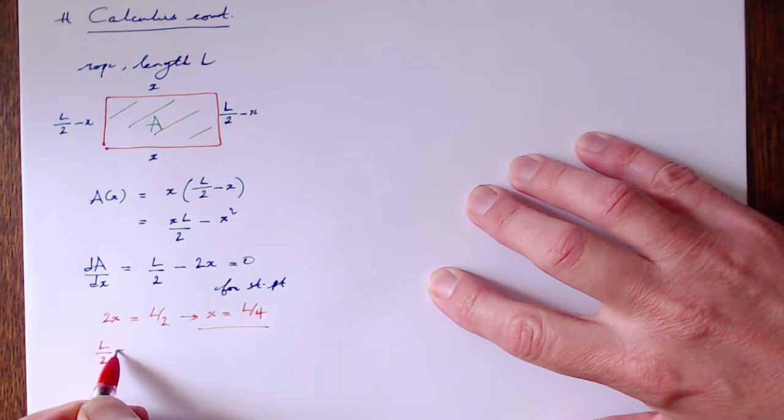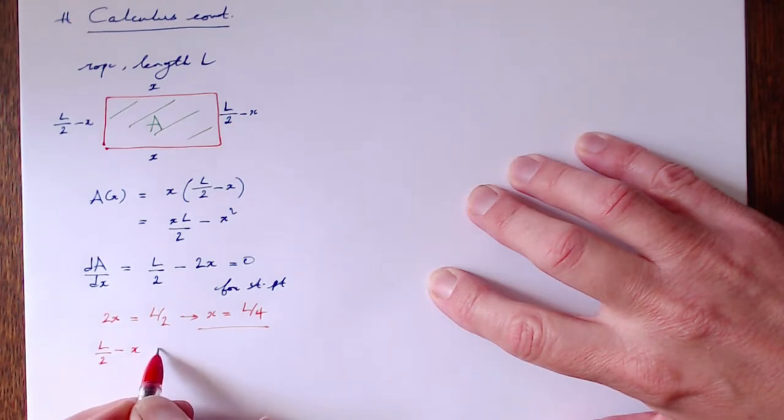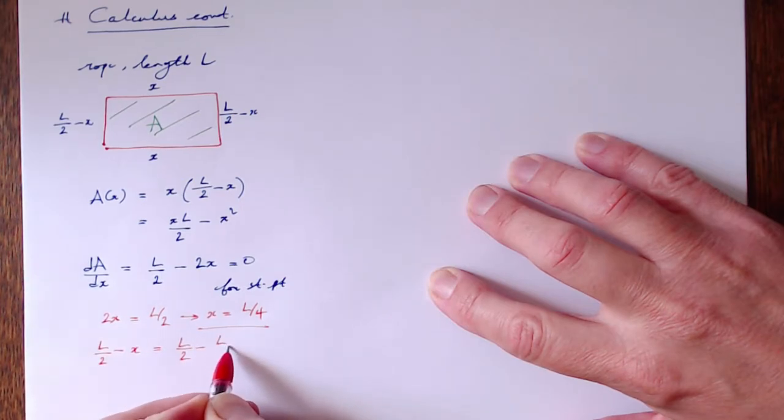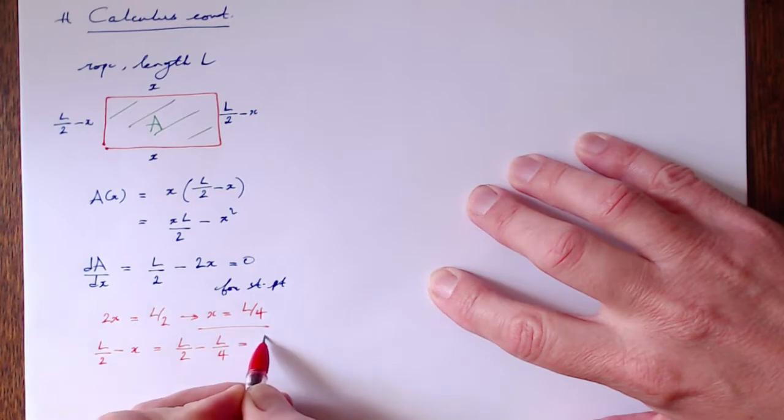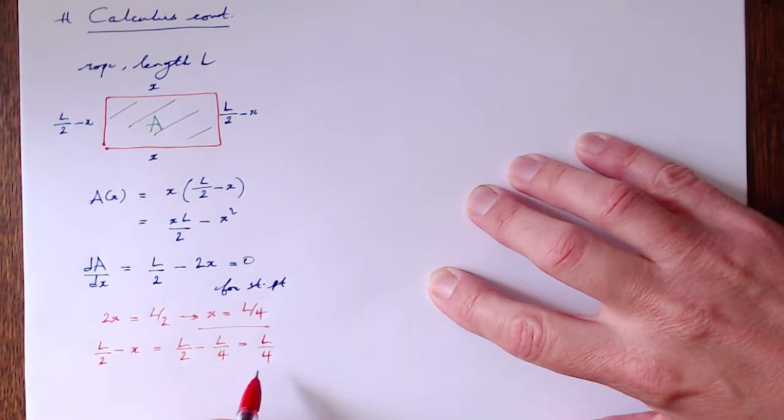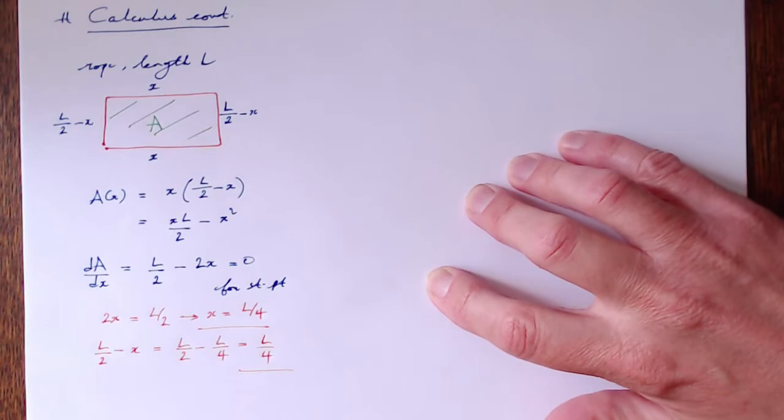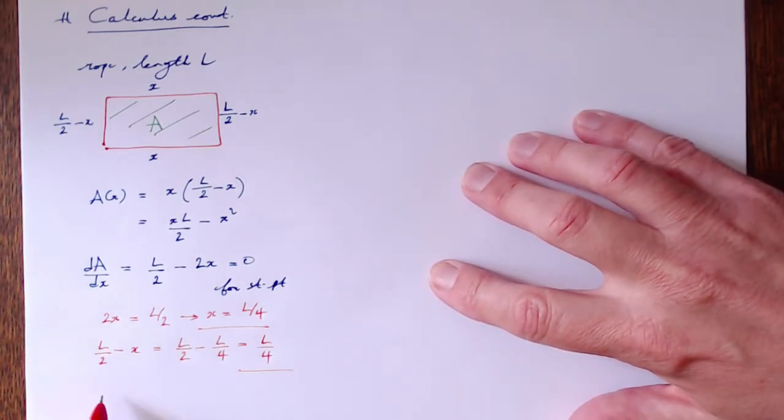The side at right angles, which has a length L over 2 take away x, will have a length of L over 2 take away L over 4, which of course is also L over 4. So we have this lovely result here that the optimal shape is actually a square.